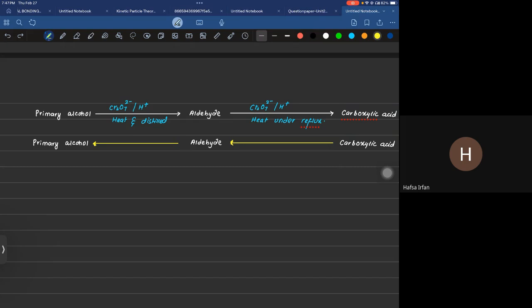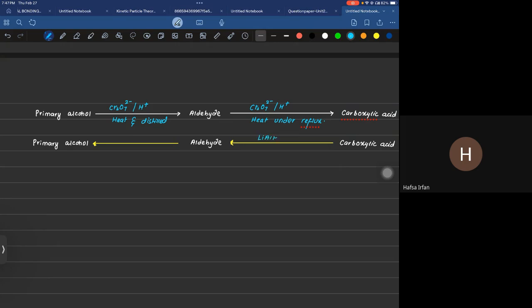It's reduction. तो इसके लिए what's the condition? What's the chemical that we are supposed to use to reduce this carboxylic acid into aldehyde and then aldehyde into alcohol? Okay, so it's LiAlH4.